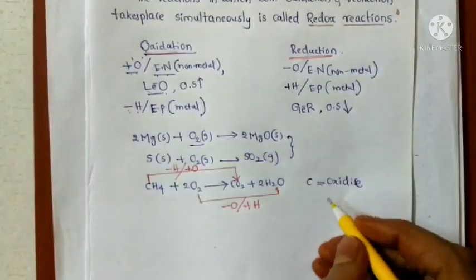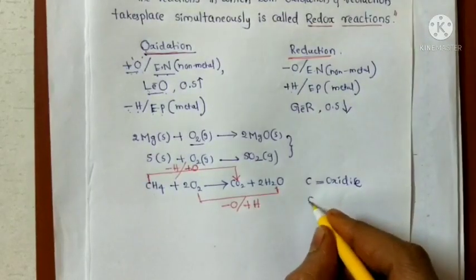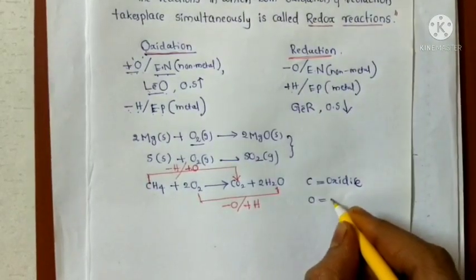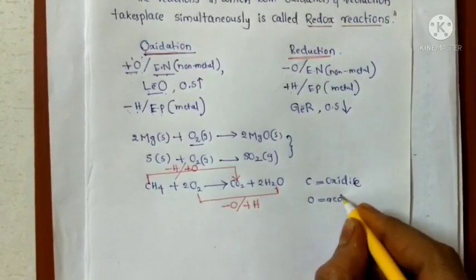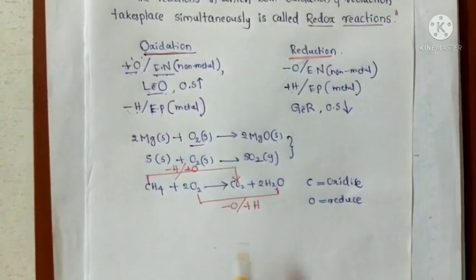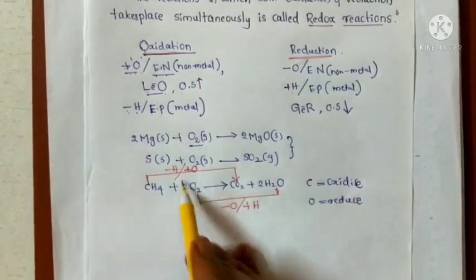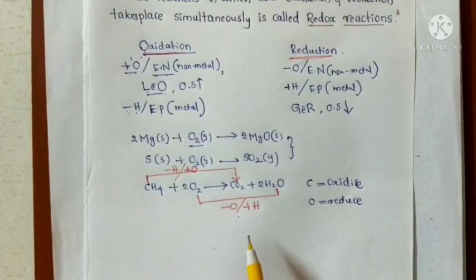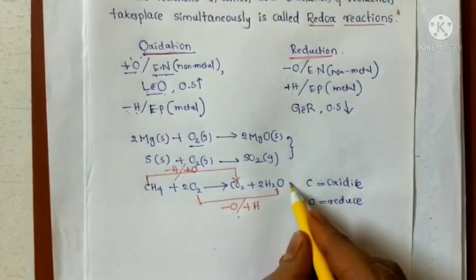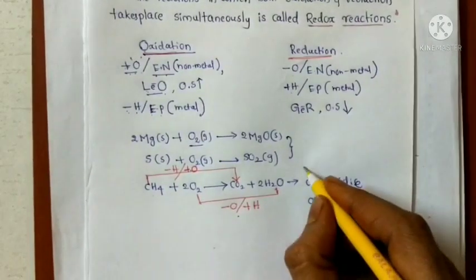So carbon undergoes oxidation and oxygen undergoes reduction. Simultaneously the oxidation process as well as the reduction process both occurred, that's why this is an example of a redox reaction.